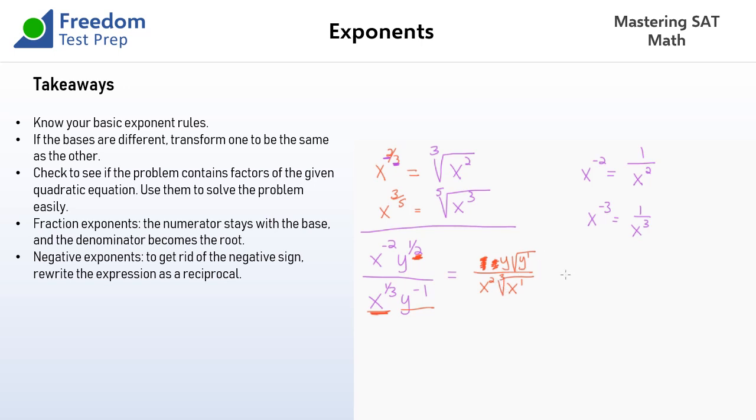Okay, so let's just clean this up a little bit. We're going to have y square root of y over x squared cube root of x. Okay, it's kind of complicated, but you take one thing at a time and you'll do fine.